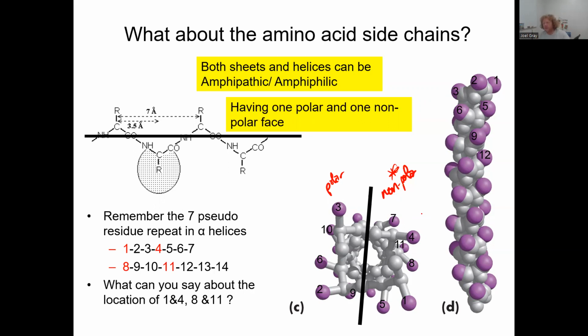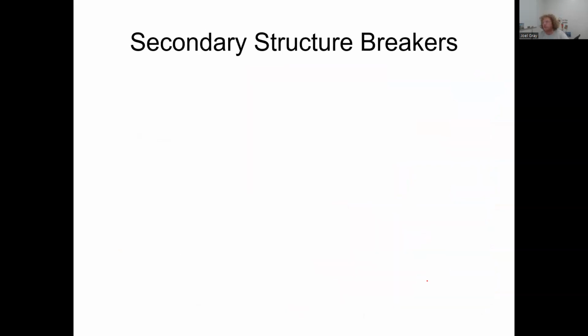So that's where those different positions are really important, because if we look at this question at the bottom, what can you say about the location of 1, 4, 8, and 11? Well, 4, 8, 11, 1, right there. These are amino acids that in a straight polypeptide, so looking at the primary structure, are far away from one another, or they're separated by like 3 amino acids each. But when you form that secondary structure, they are on the exact same face of that alpha helix.